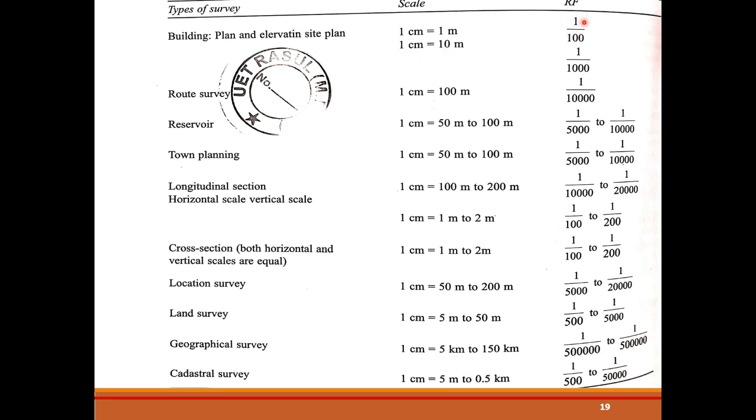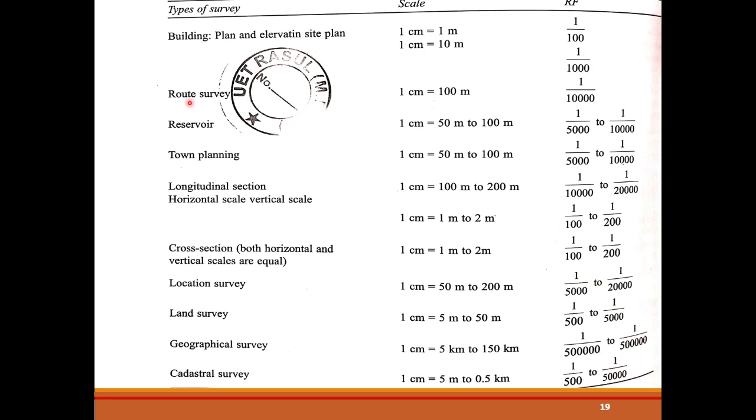Remember, representative fraction means both the quantities are in the same units. 1 into 100 means 1 centimeter ratio 100 centimeters, or 1 centimeter equal to 1 meter, the same thing. 1 centimeter equal to 10 meters can also be written as 1 over 1000 in centimeters. This is the representative fraction.